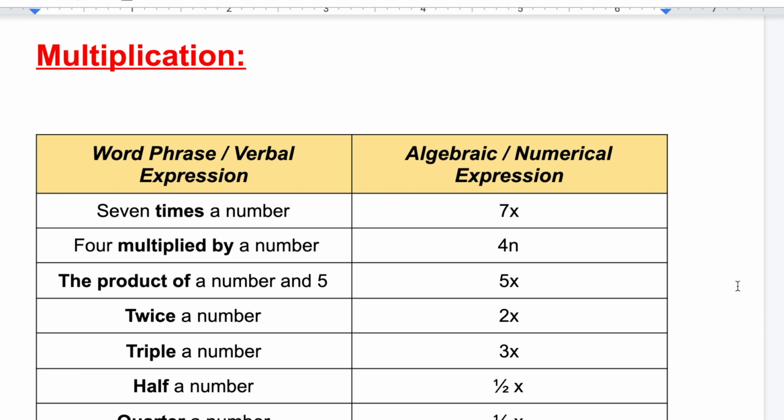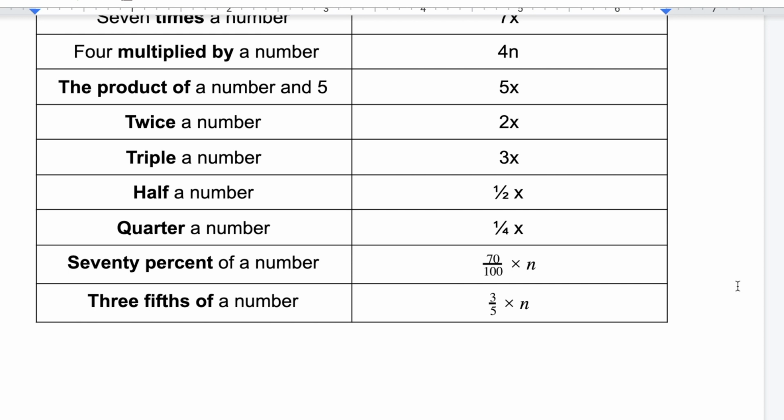Twice a number, that means double, so 2x. Triple a number, so 3x. Half a number, half x. 1/3 a number, 1 over 3x. Quarter a number, 1 over 4x. Now here, the percentage. When I say 70% off, that means you need to multiply.